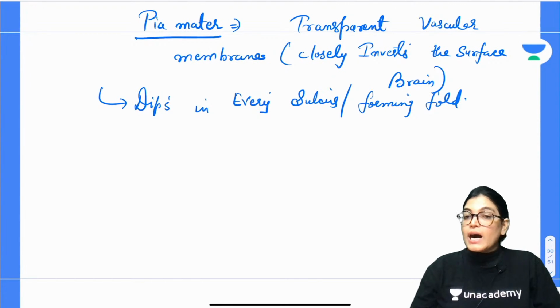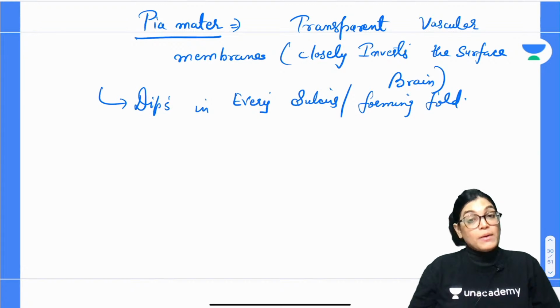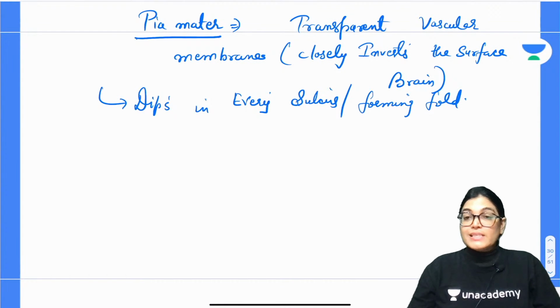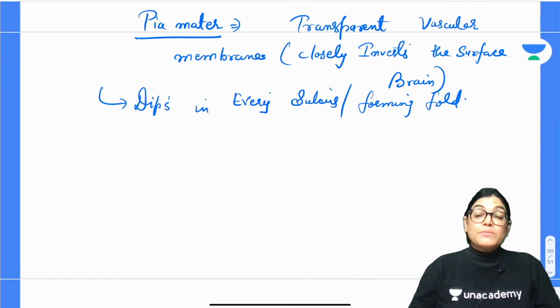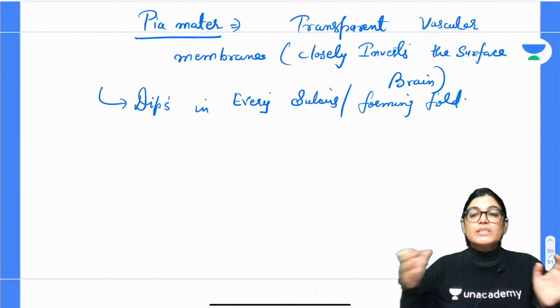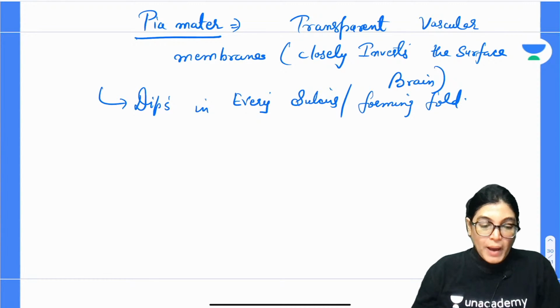The pia mater modifications are the filum terminale, which is approximately 20 centimeters, the ligamentum denticulatum, the tooth-like projections, the subarachnoid septum, the posterior median septum, and the linea splendens in the anterior median fissure. So these are modifications of pia in the case of the spinal cord.